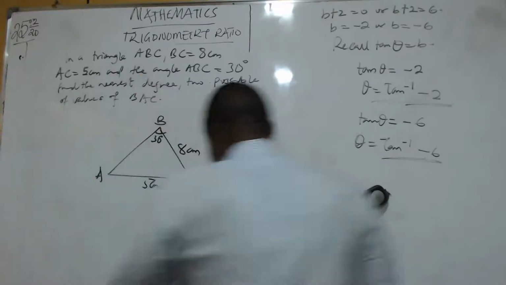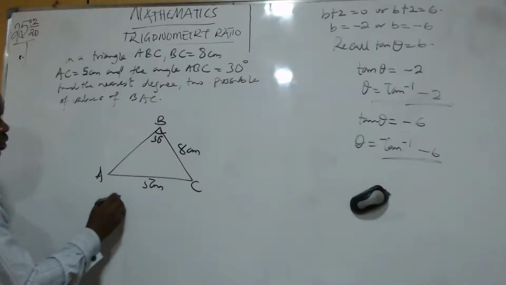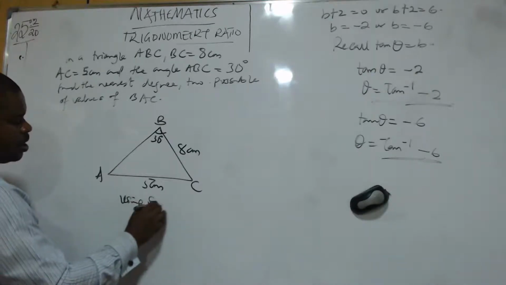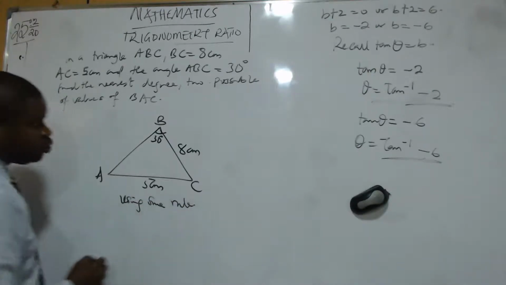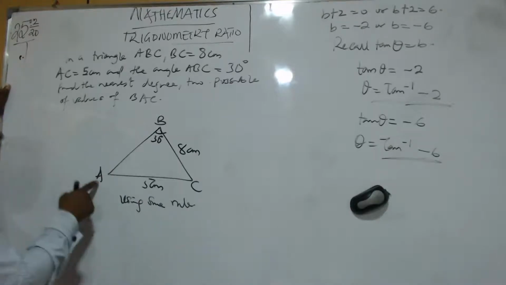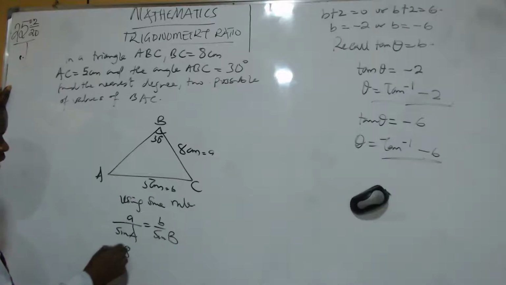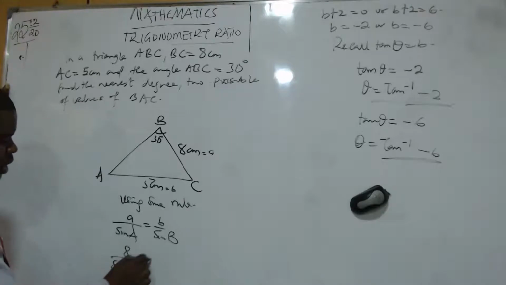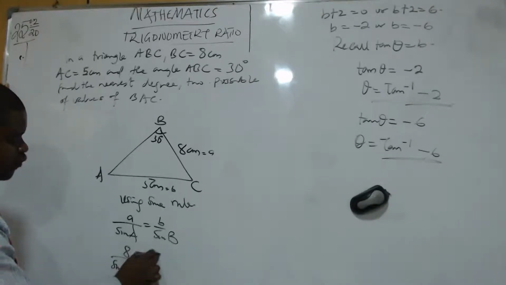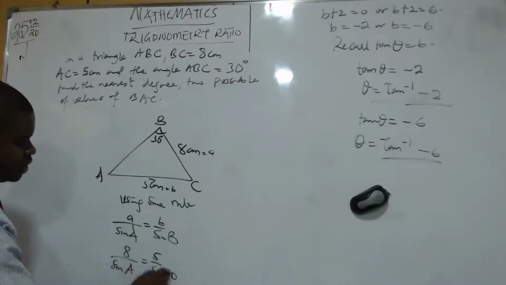Now again, look at this question. What we have is using the sine rule. Now we said since this side is facing, here becomes sine B. Our small a is 8 over sine A, then we have b, 5 over sine 30.